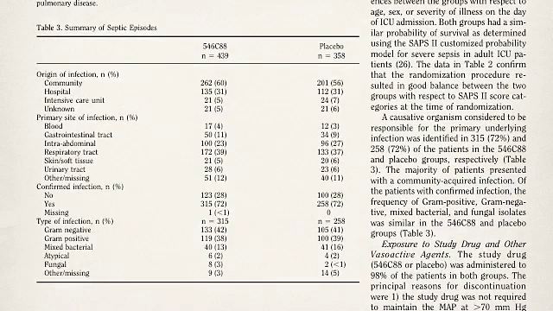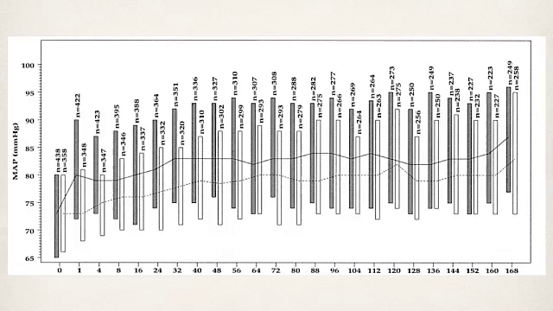You can see here the mean arterial pressure is definitely higher with NOS inhibitors. Heart rate is lower because you attain higher blood pressure, causing reflex bradycardia, and you're probably using less beta agonist, which can cause chronotropic effect, so your heart rate is lower.